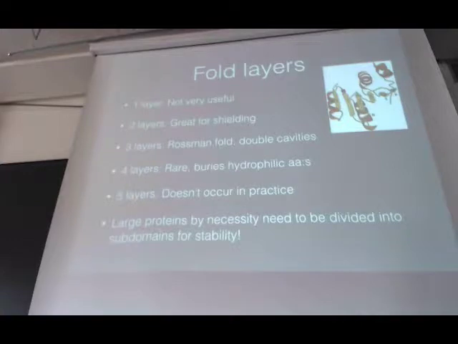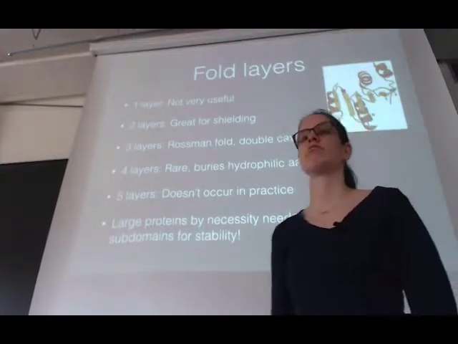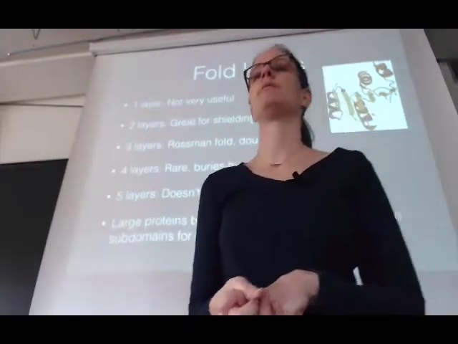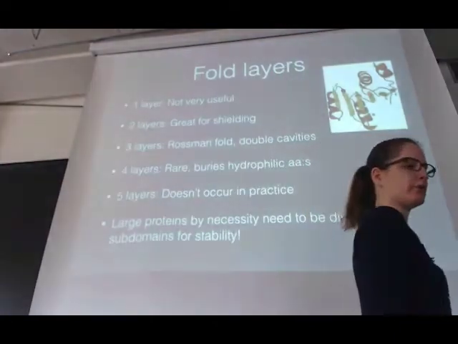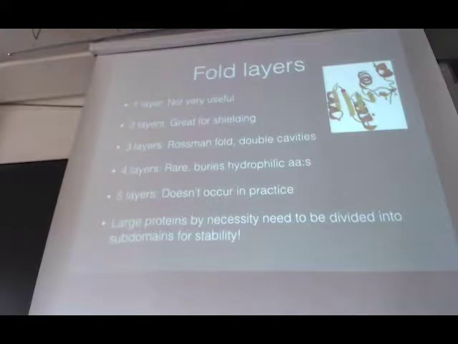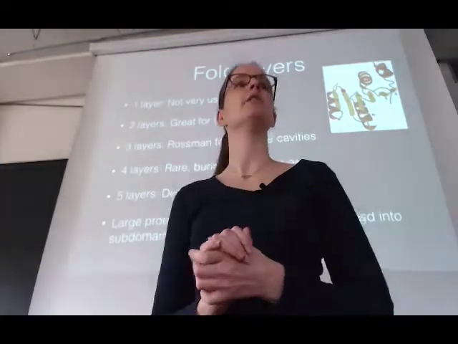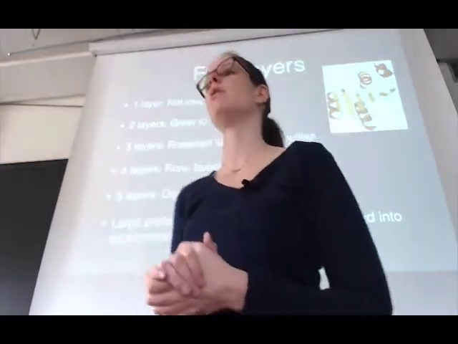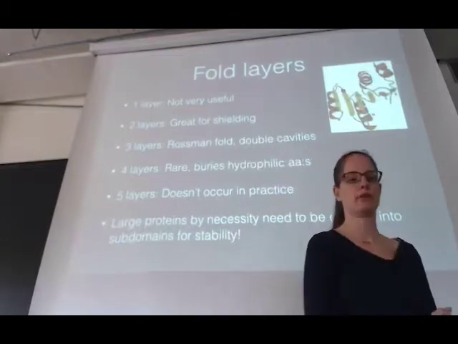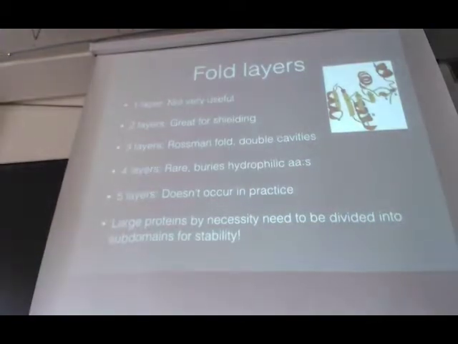4 layers is extremely rare. Why is that? What do you think? Do you remember the proportion of hydrophilic, hydrophobic amino acids in nature in general? No? 50-50, roughly. So we have about equal numbers of hydrophilic and hydrophobic. So what would happen in 4 layers then?